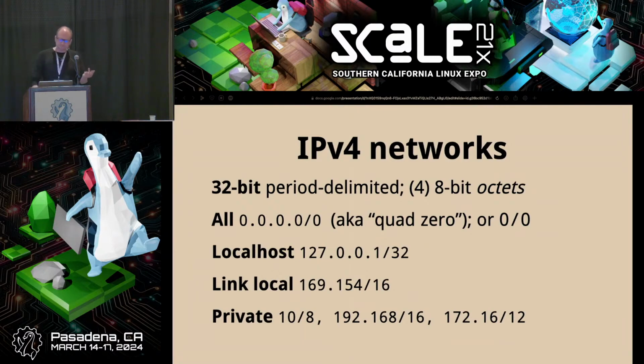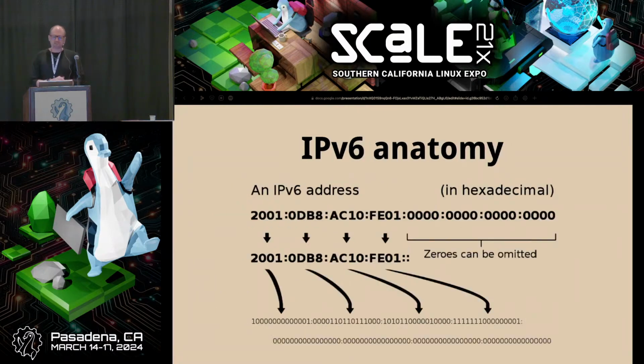But IPv6 is quite different, much bigger. An IPv6 address is hexadecimal, and it's separated by colons, similar to how MAC addresses are. And you see that it's a very large number, which can often be intimidating. But you see here the trailing zeros.